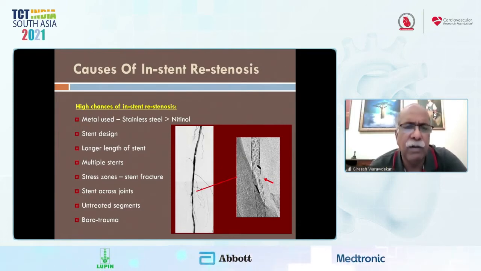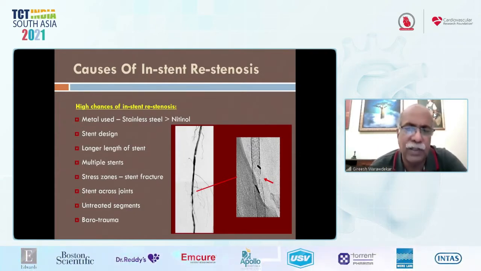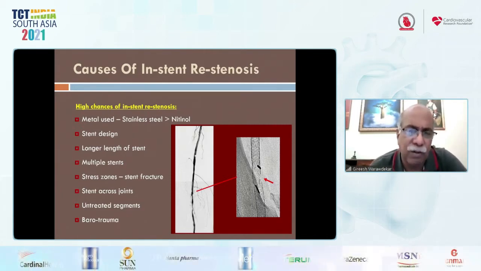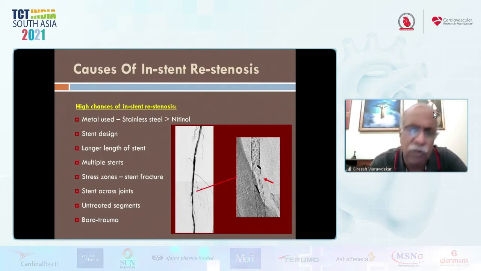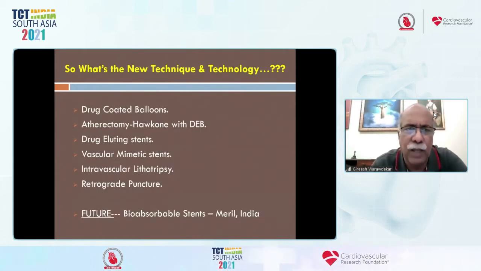Stent design matters, and the longer the stent, the more the possibility of in-stent stenosis. If you put multiple stents or overlap, that is a problem. Stress zones cause fracture of the stents. A stent across a joint is a no-no. Untreated segments can cause restenosis, and of course, whatever barotrauma you have when you do the angioplasty.